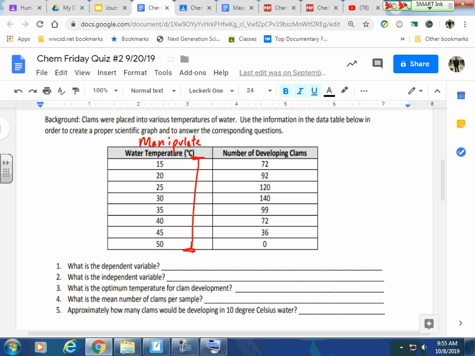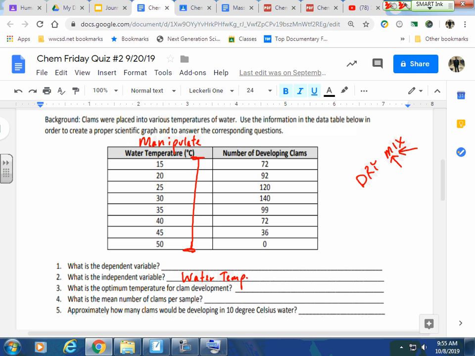All right, so that is the manipulated variable, and hopefully you remembered from dry mix, a couple things you could remember, that the manipulated variable is also the independent variable. I felt a little kind of bad that I didn't tell you or remind you. So the independent variable in this experiment would be water temperature.